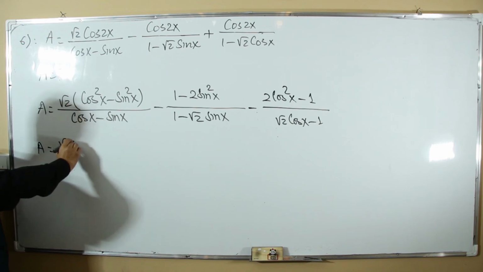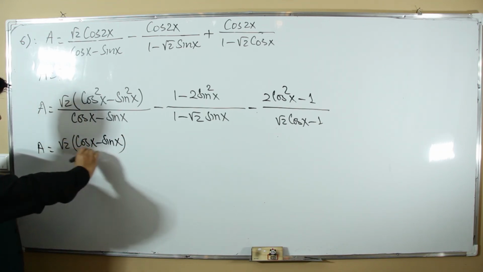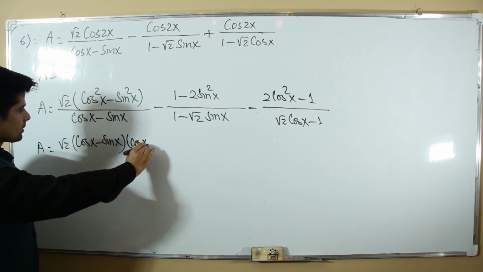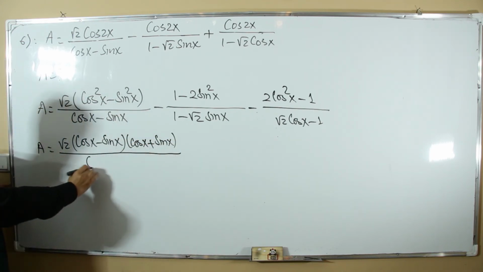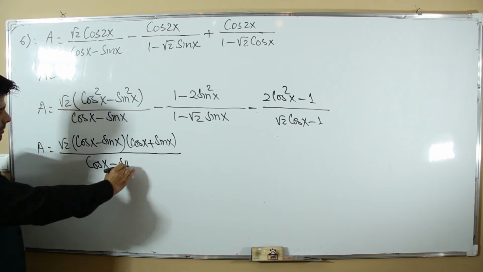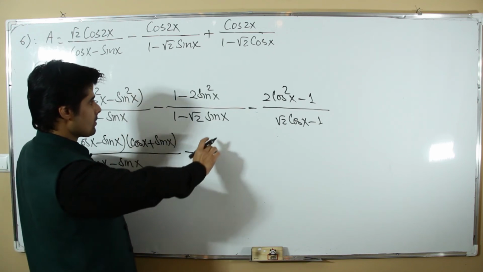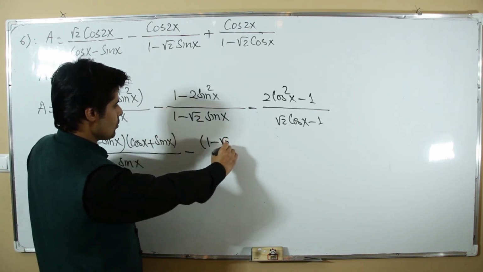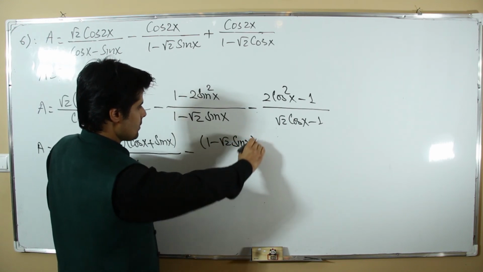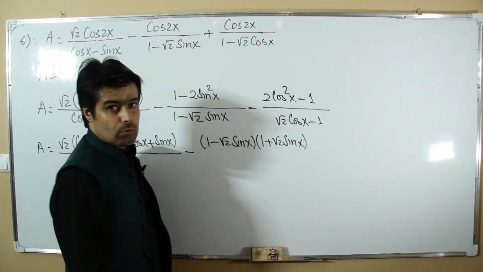You will have the factor for this one, cosine x minus sine x, and cosine x plus sine x, divided by cosine x minus sine x. It's very simple. Minus, can I have the factor for this one? 1 minus root 2 sine x times 1 plus root 2 sine x. Yes, we can do that. Why?